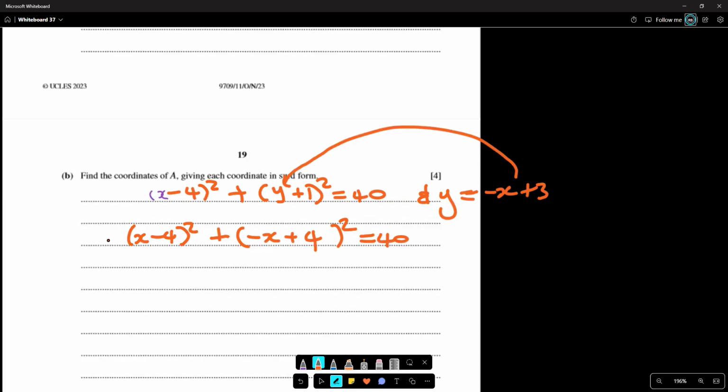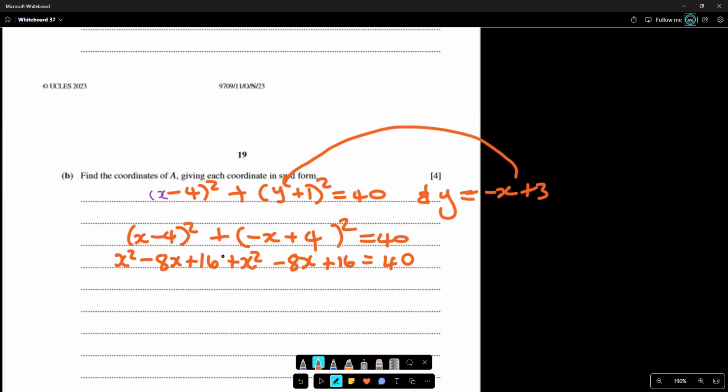Awesome. And now let's FOIL this. So here we're going to have x squared. This times that is minus 8x. This times this is plus 16. This times that is plus x squared. This times that is minus 8x. It's plus 16 equals 40. All right.